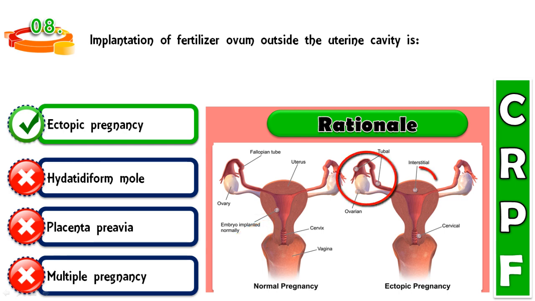In an ectopic pregnancy you can see the embryo forming outside the uterine cavity, that is in the cervix, interstitial area, the fallopian tube site, or the ovary area. When the fetus forms outside the uterine cavity, it is called ectopic pregnancy.